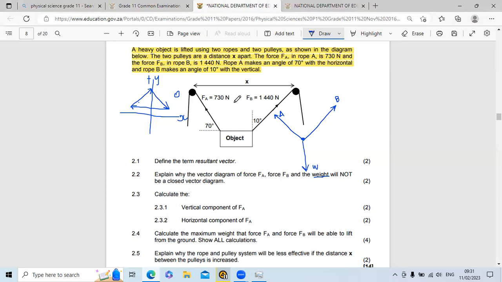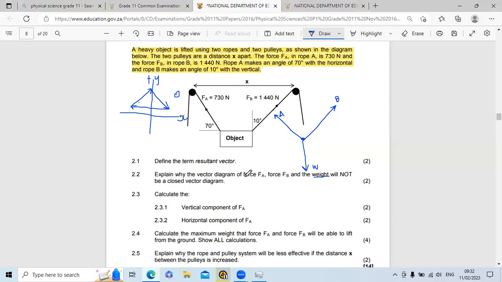But since here we're talking about forces, all we have to do is look at the statement, because they say a heavy object is lifted using 2 ropes and 2 pulleys, as shown in the diagram below.